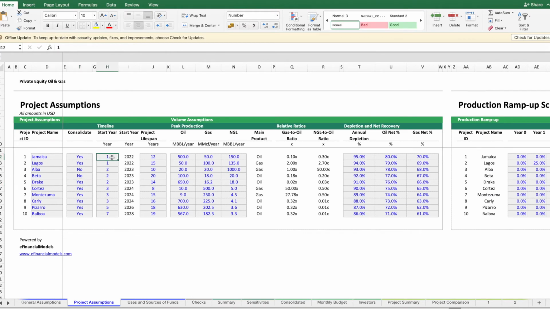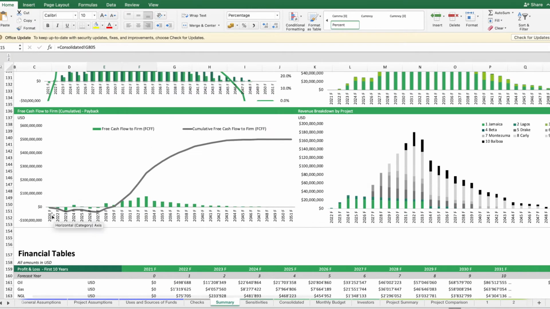So let's say we could wait a couple of years until we do the next drilling project. So we phase this out a bit, always 2 projects per year. Okay, so if we phase this out, you see the cash flow pattern will change.